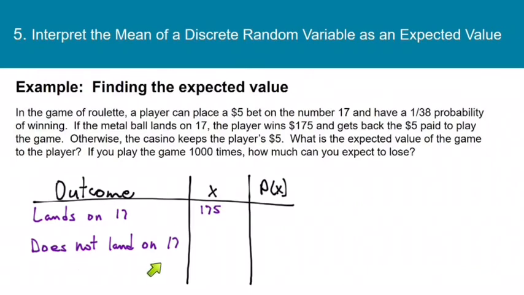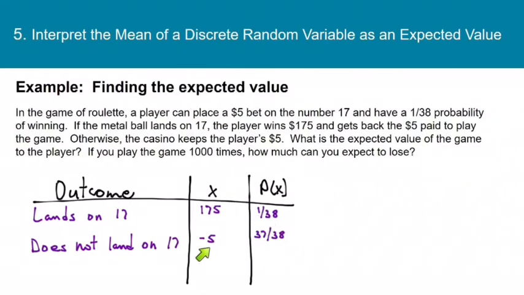If the ball does not land on 17, they've just lost their $5. So we'll put -5 there for that. Now the probability that this player is going to win is 1 out of 38, so 1/38. But the probability that he's not going to win is 37 out of 38. So 1 chance that he wins and 37 chances that he loses.